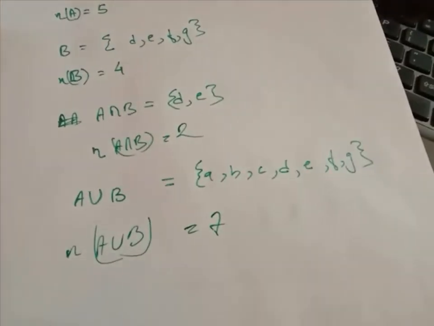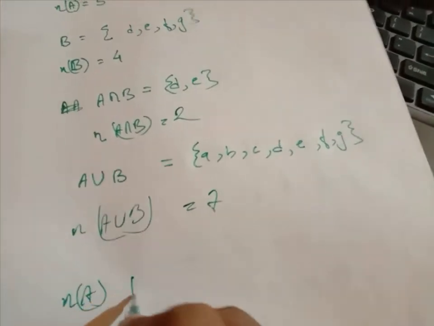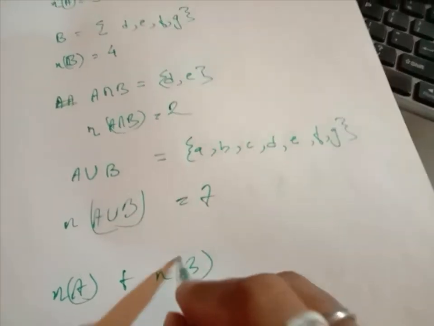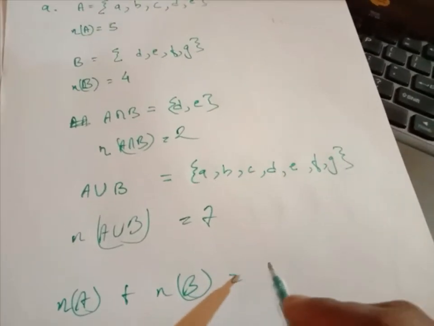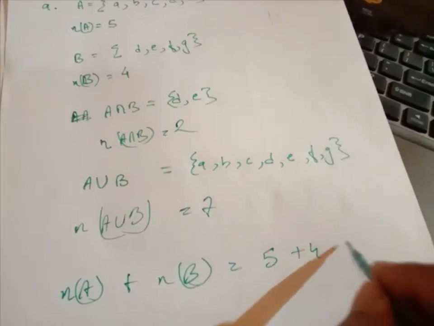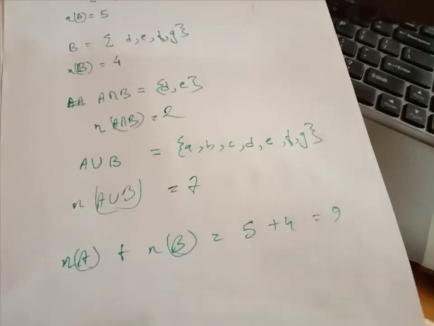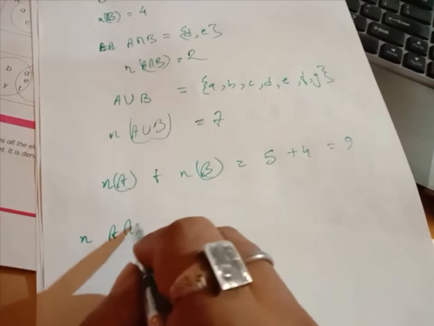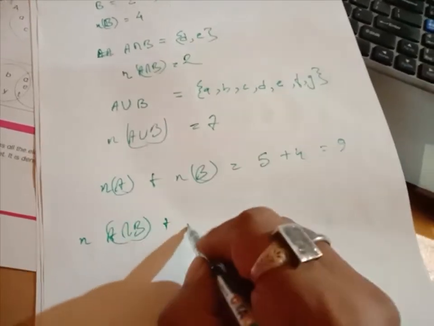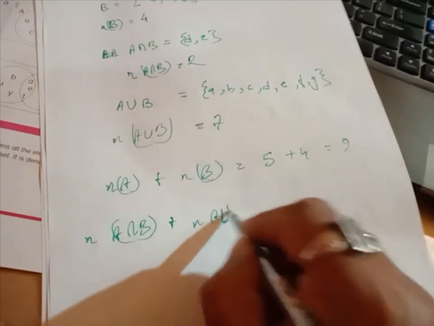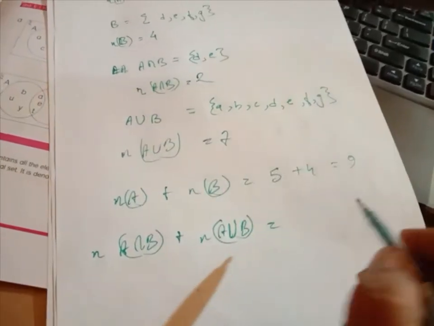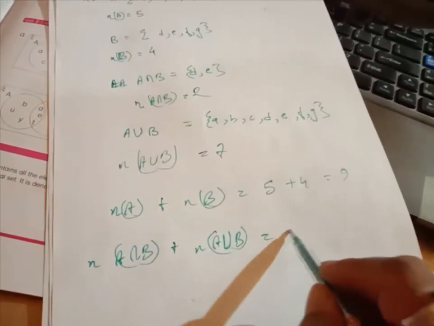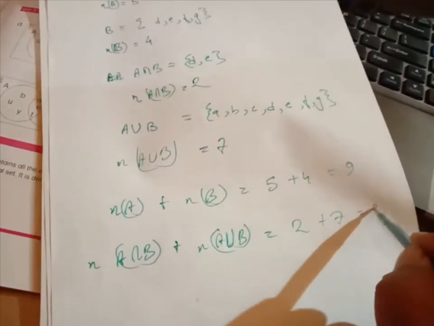So number of elements of A plus number of elements of B will be 5 plus 4 equal to 9. Again, number of elements in A intersection B plus number of elements in A union B will be 2 plus 7 equal to 9.